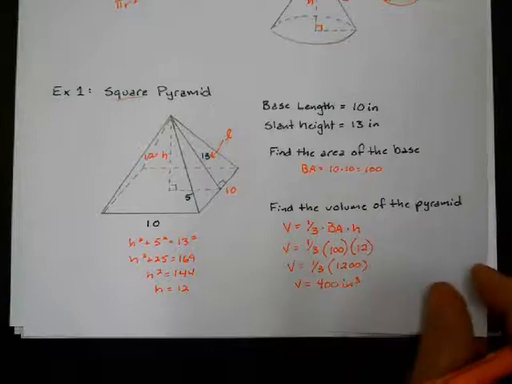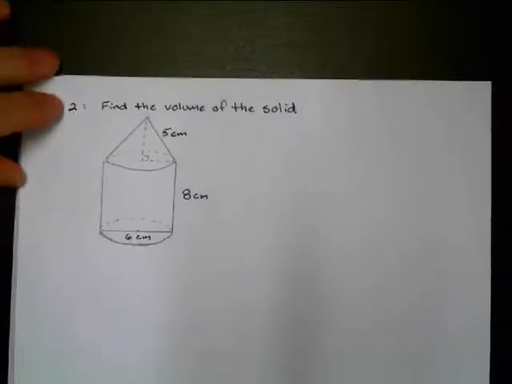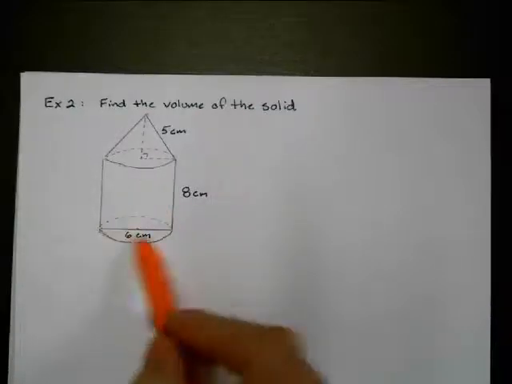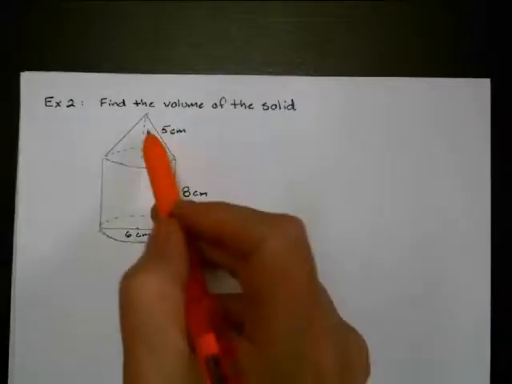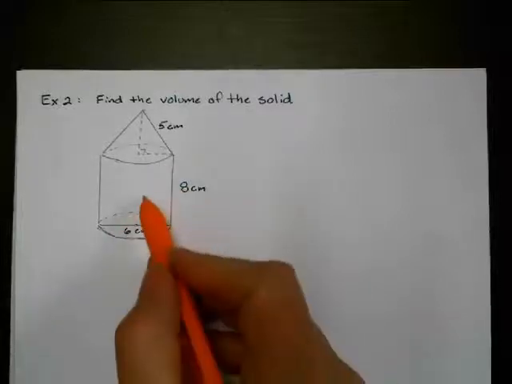All right, next one. Example 2. Find the volume of this solid. So this solid looks like a combination of a couple shapes. Looks like we've got on the bottom here a cylinder that's topped by a cone. So when we have a compound shape like this where it's got several different shapes inside of it, we're just going to take individual pieces and then add them together.